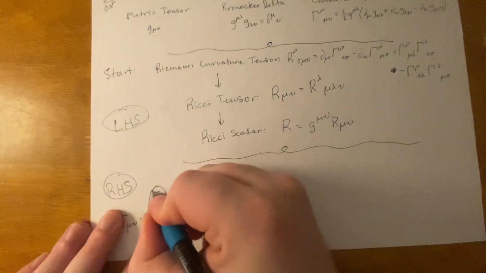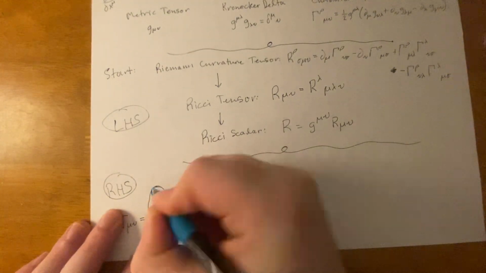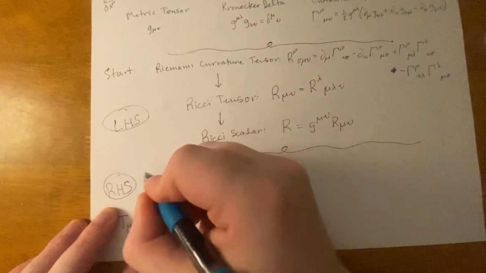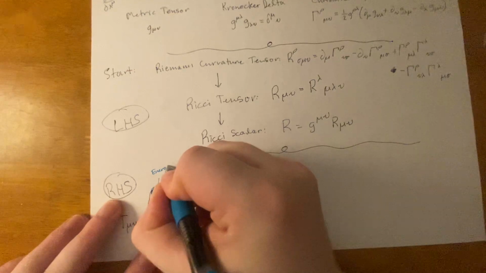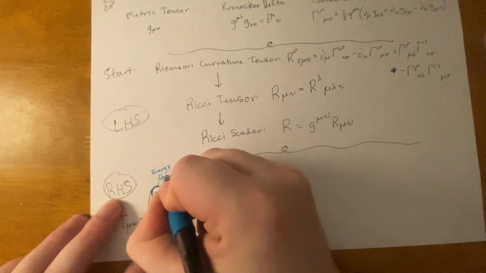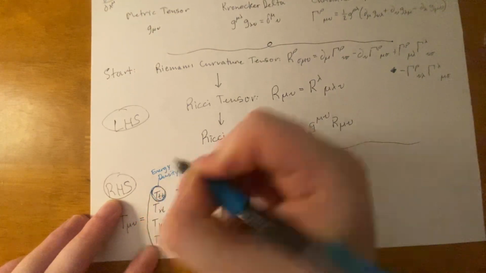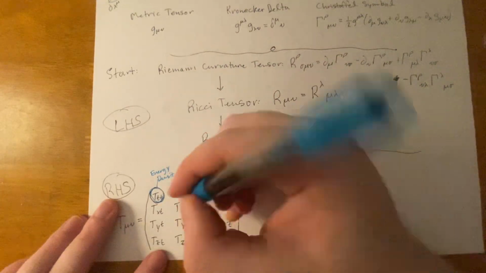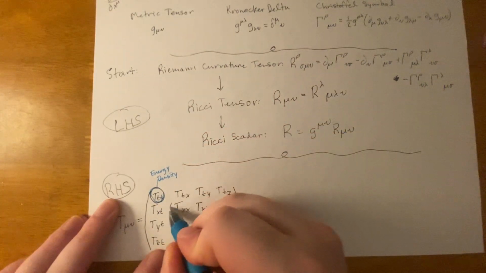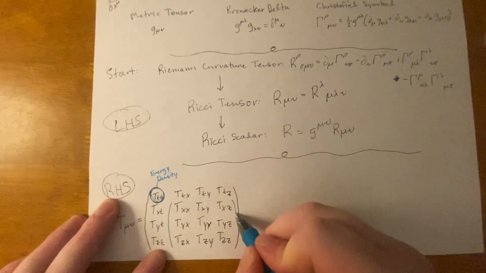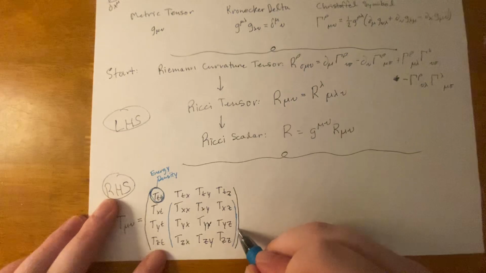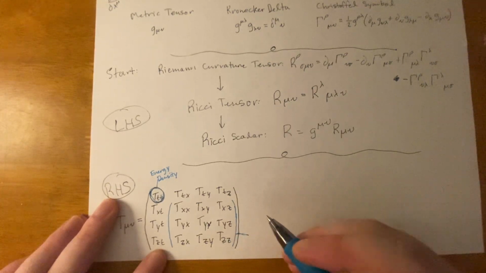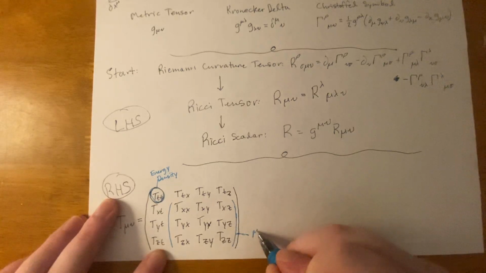Okay, so this is the energy density, typically denoted rho. And we have a submatrix here. And this submatrix is momentum flux.